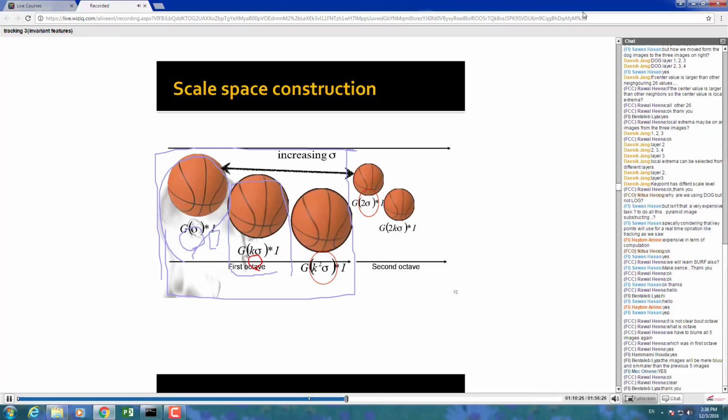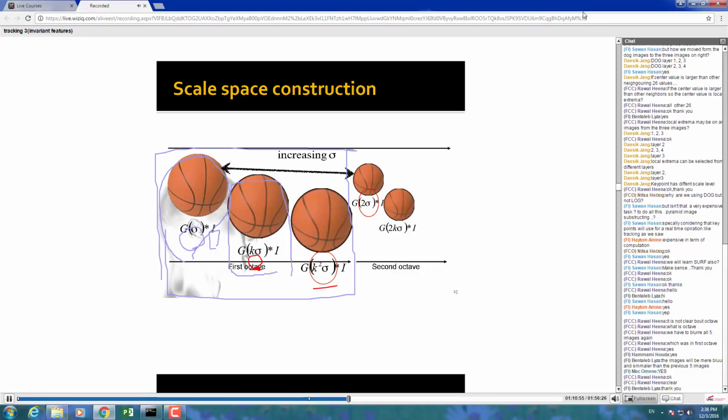In the same octave, we make the next Gaussian image, G K sigma. Now sigma is multiplied by K, where K is larger than 1. It means K sigma becomes larger, so we expect a more blurred image.